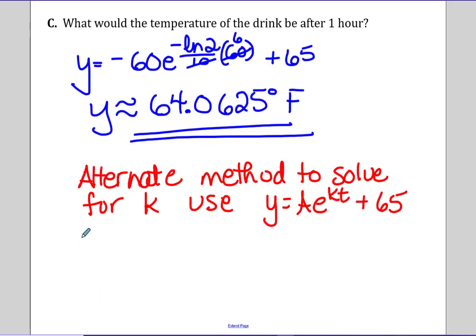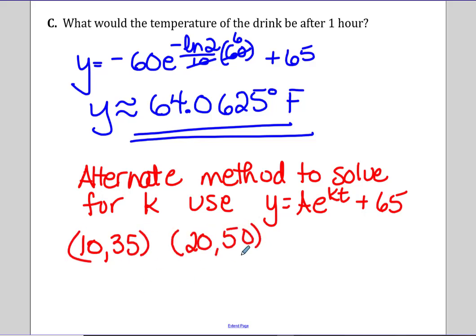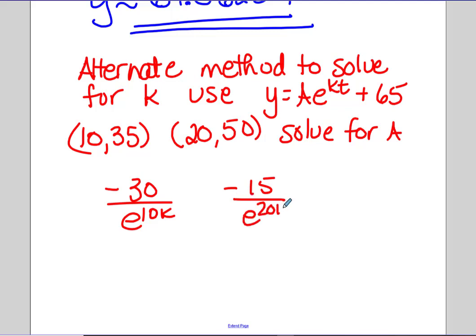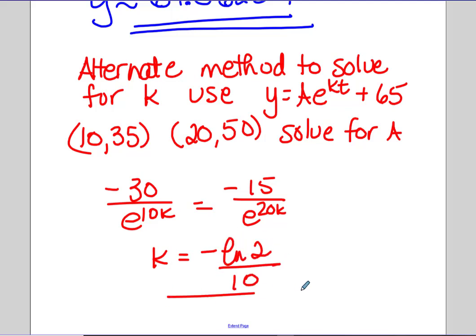You just plug in both points, plug in 10, 35, and then plug in 20, 50, and solve for a. You're going to end up with two equations, negative 30 over e to the 10k and negative 15 over e to the 20k. Set those equal to each other, solve for k, and to me that would be quicker than all the stuff we did.